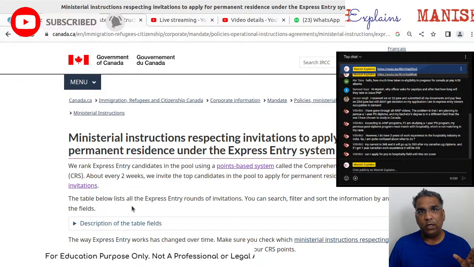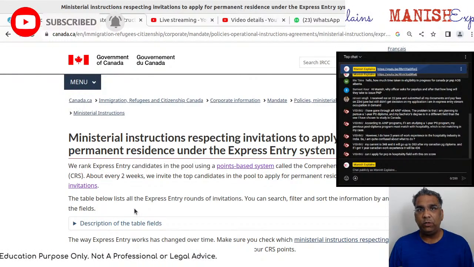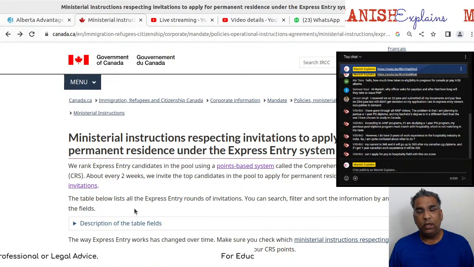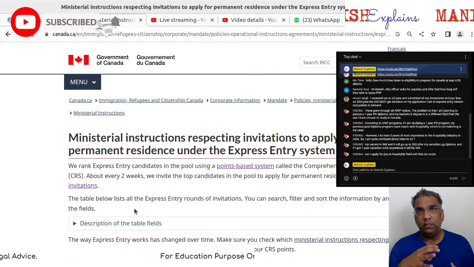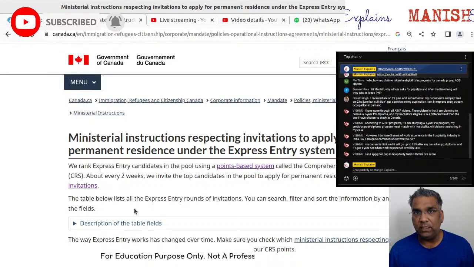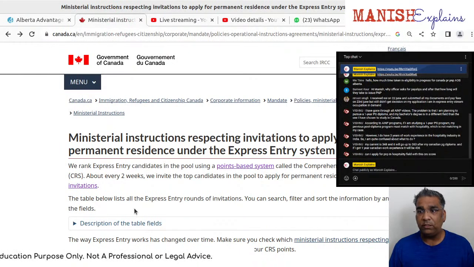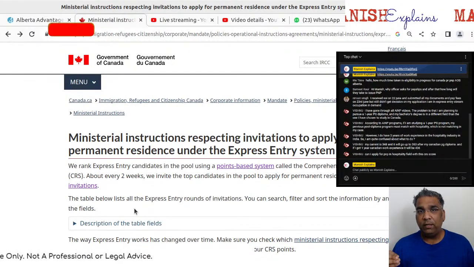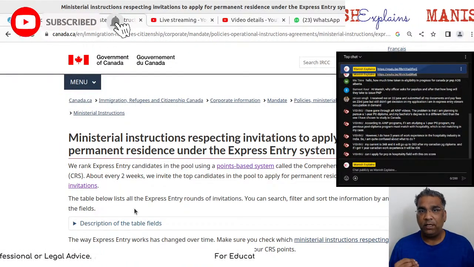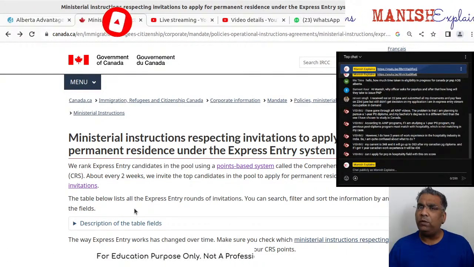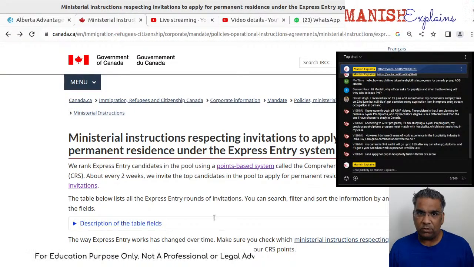Every Express Entry candidate who creates a profile will get a score and will get the streams or programs of IRCC under which they are eligible. Depending on these two combinations, once a draw happens you can find out whether you will get an ITA. If you get an ITA, you will get it in your Express Entry profile.